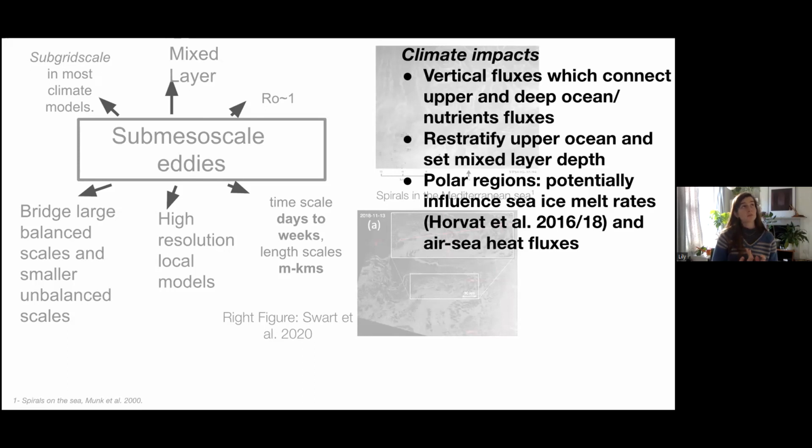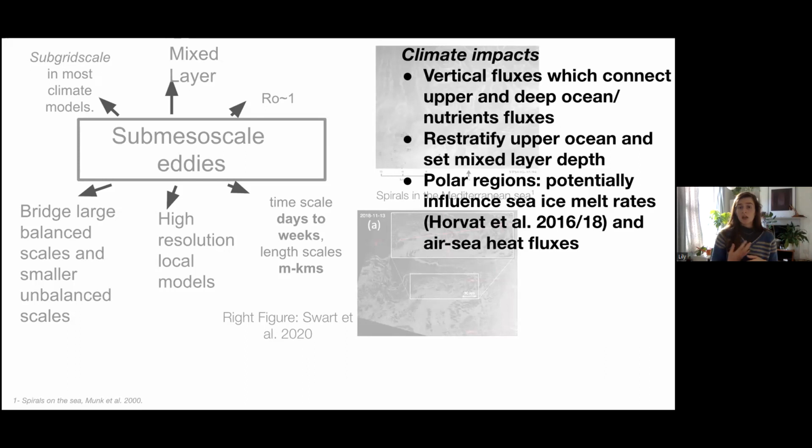There have been lots of studies which have looked at how these eddies could flux nutrients, for example, from the deeper ocean into the mixed layer, and therefore be related to the growth of phytoplankton, because the top layer of the ocean is where it's sunny, so that leads to growth.